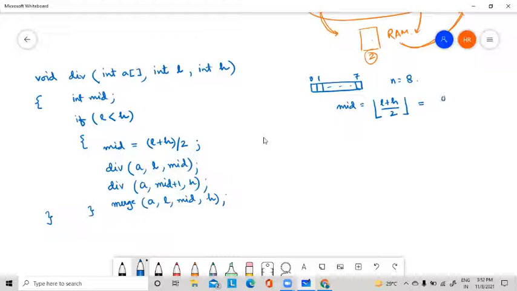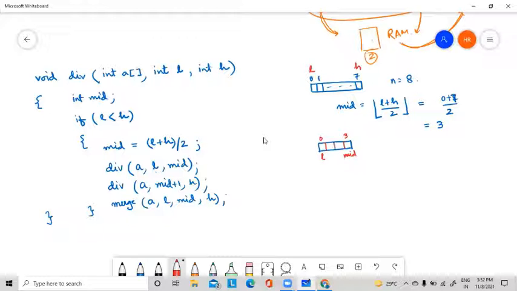So we get (0 plus 7) by 2, which is 3. L is the lowest index value and H is the highest index value. One part will be from 0 to 3, that is mid. So this is the lowest index value, this is the mid index value.